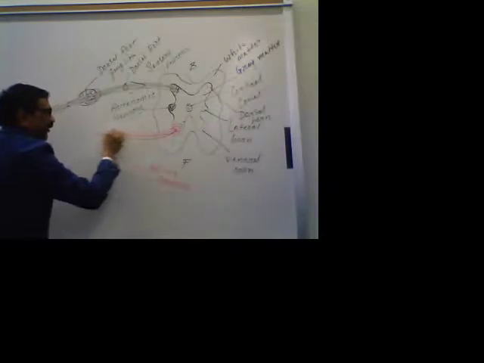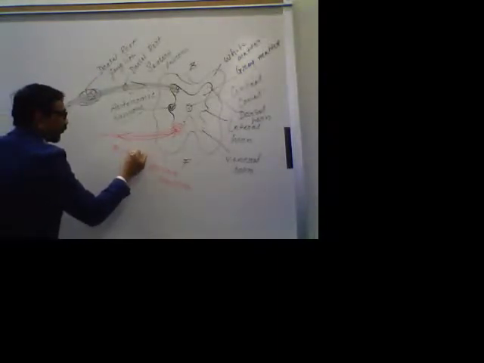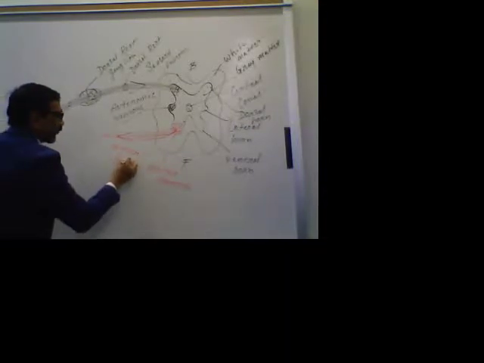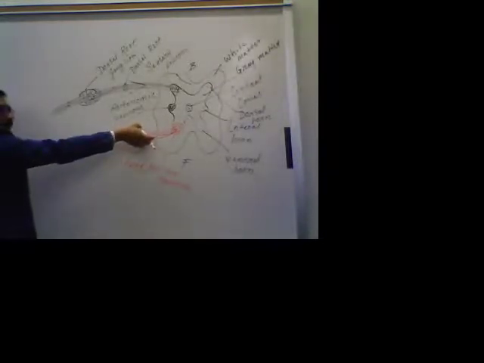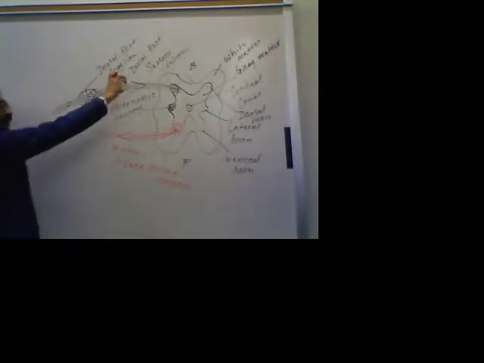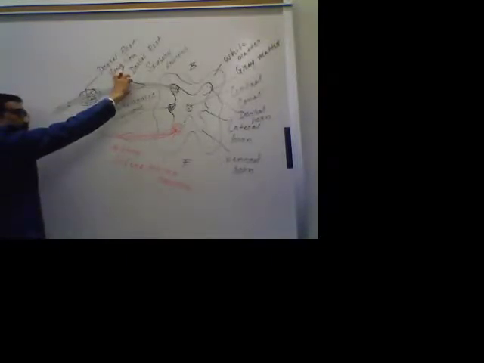Okay, so these are motor fibers. These are sensory fibers. And this bundle of motor fibers is called ventral root. Very simple. This is dorsal root, sensory fibers.